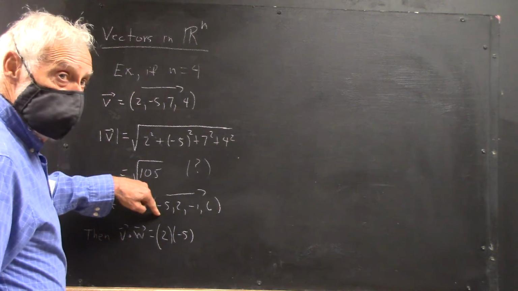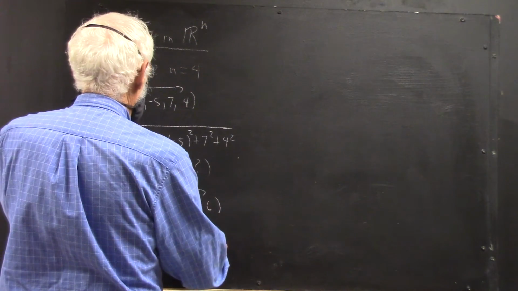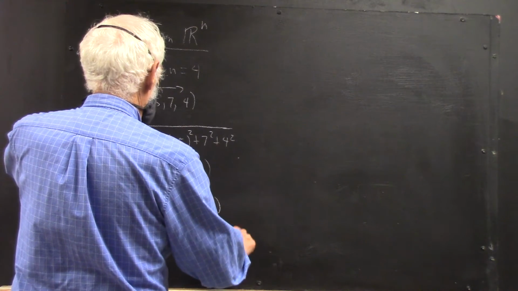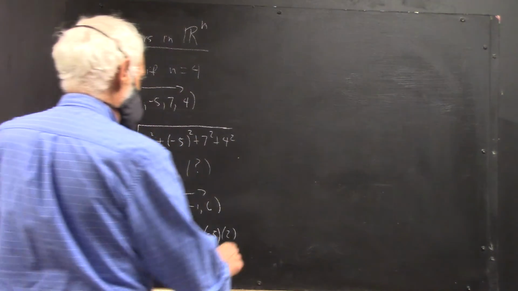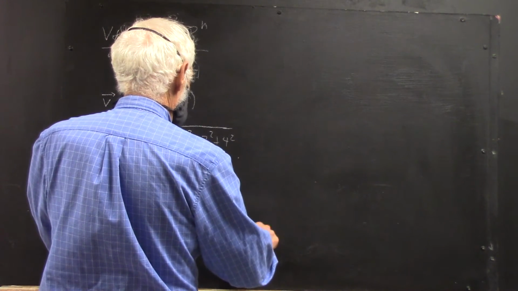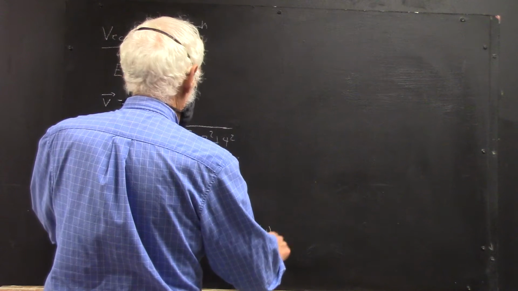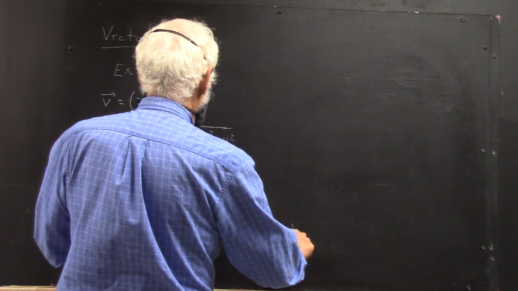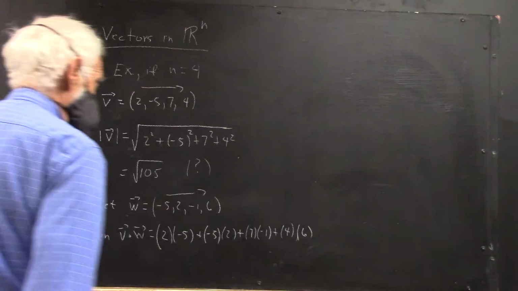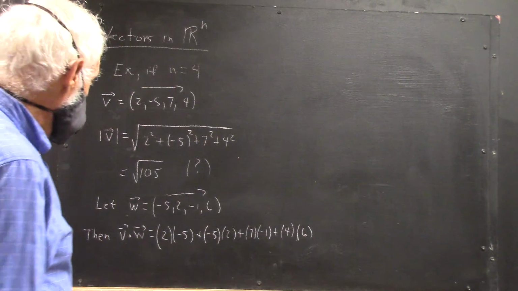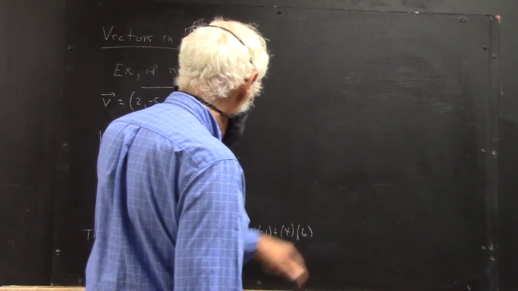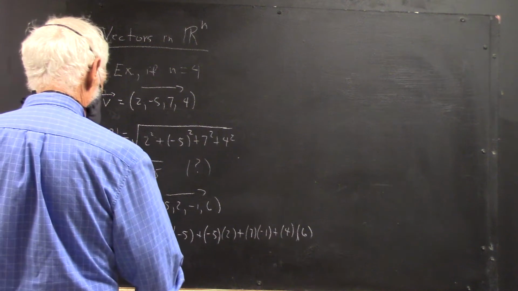Two times -5 plus -5 times 2 plus 7 times -1 plus 4 times 6. Now let's see, that's 10, 20, and then negative 7 brings you down to 13, and 24 gets you up to 37.